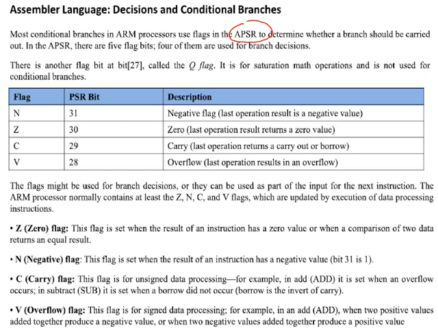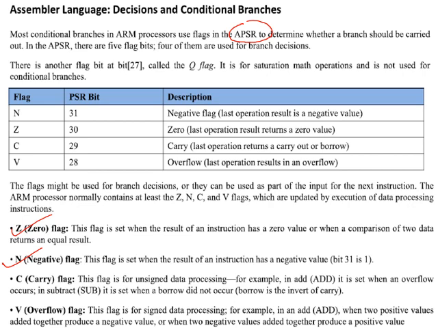Even so, let us check the various conditions. As I told, the zero flag will be set whenever the entire result of an operation is zero, particularly for arithmetic and logical instructions. The negative flag is set when the result of an instruction has a negative value, that is, the MSB is set, as I told in the previous class. The carry flag is usually used for unsigned data.